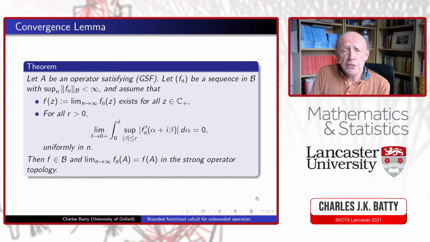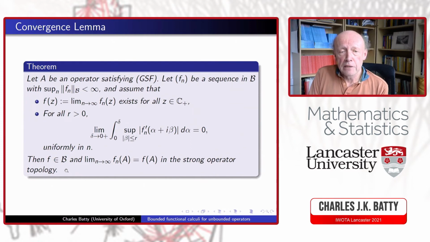What are the properties? Suppose A satisfies GSF, so there is a calculus. Suppose we've got a sequence in B which is bounded in the B norm, converges pointwise, and satisfies some side condition. It doesn't look very nice, but it's checkable in reasonable examples.